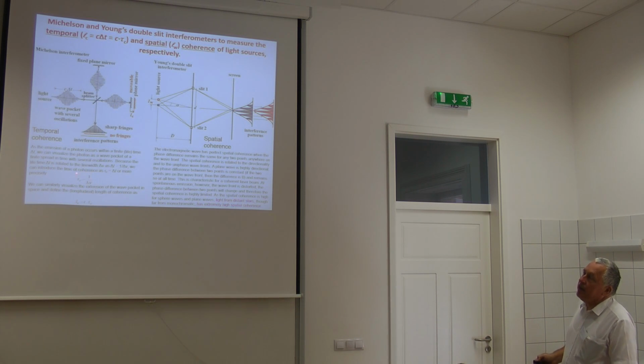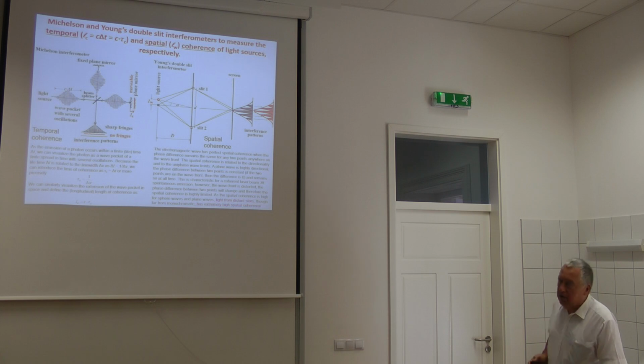Practically it comes out that the temporal coherence time is inversely proportional to the spectral bandwidth of the light source. I do not want to go into further details. How to measure the spatial coherence?